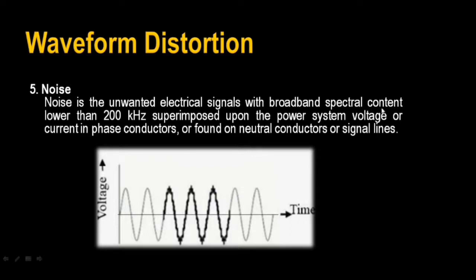We are considering the time on the x-axis and the voltage on the y-axis, and this is the true sinusoidal waveform, and at this region it is disturbed. The distortion occurs in the true sinusoidal waveform because of the broadband spectral content lower than 200 kHz.